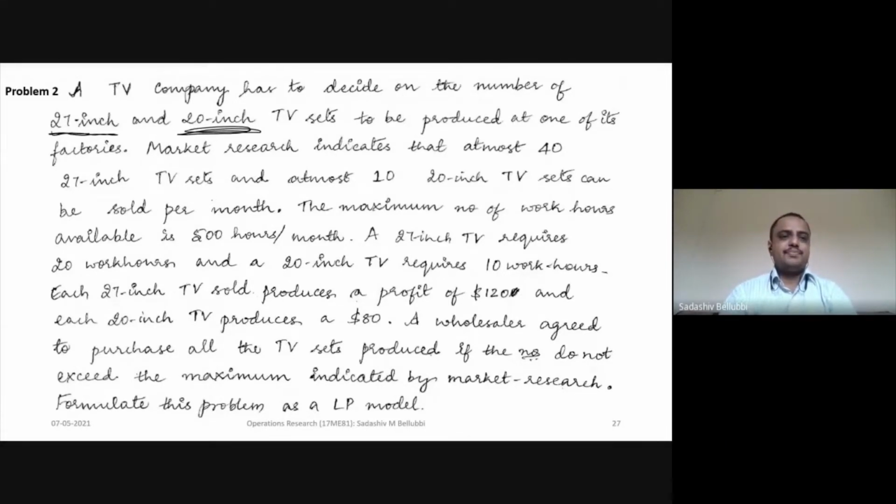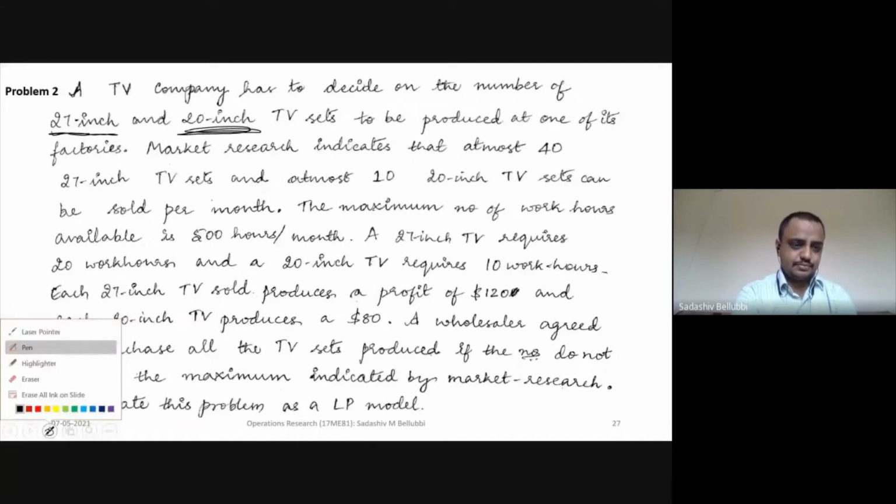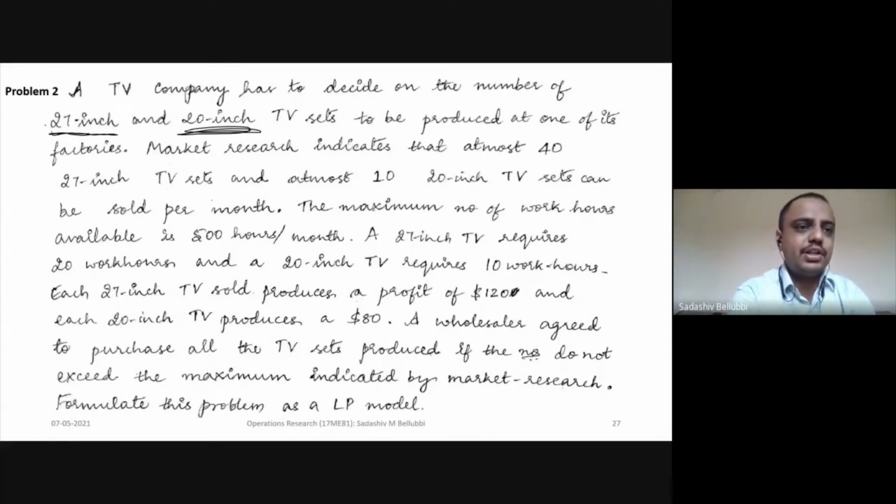Take X as the 27-inch TV and Y as the 20-inch TV. Let the total number of 27-inch TVs be X and the total number of 20-inch TVs be Y. I hope you have taken it. TV sets to be produced at one.